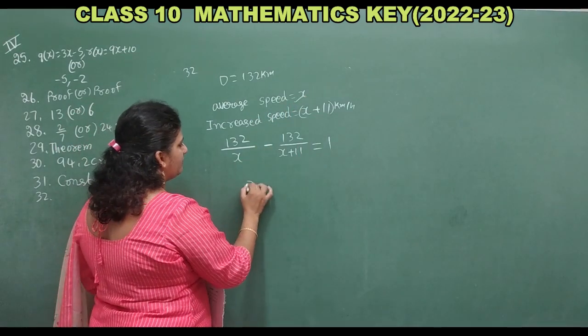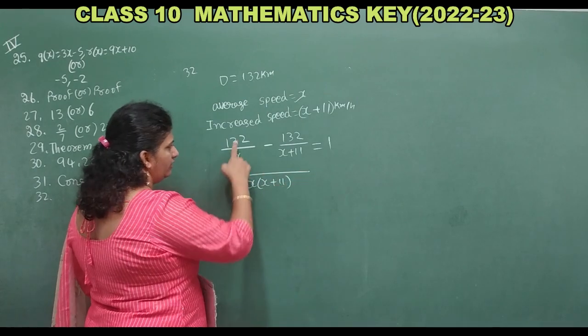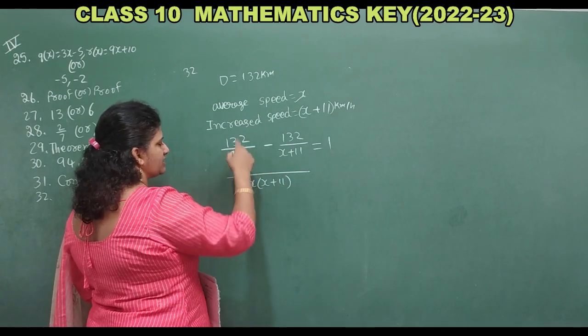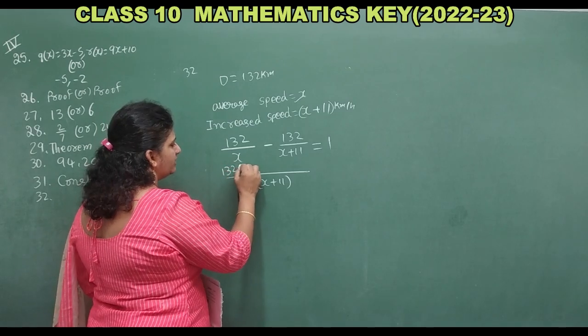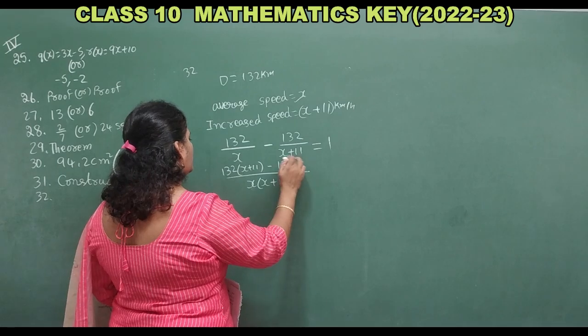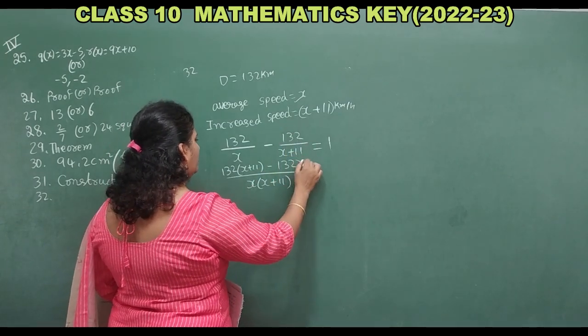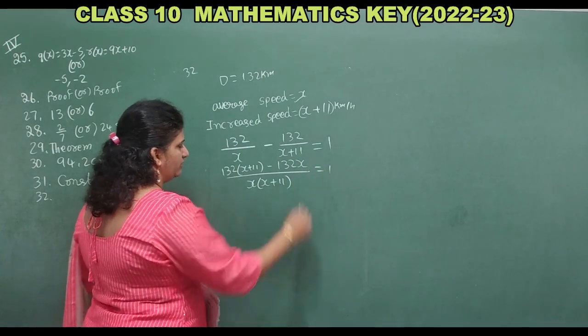Do LCM. x into x plus 11. Numerator: here you have x, multiply x plus 11. 132 into x plus 11 minus 132 x, there in the denominator multiply x, 132x, is equal to 1.